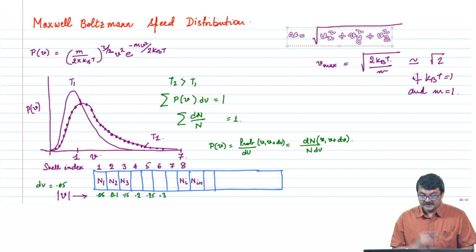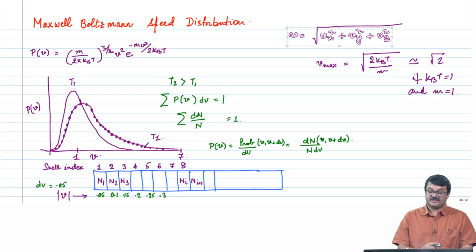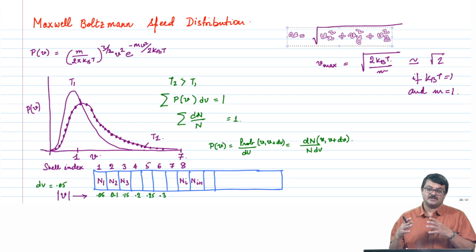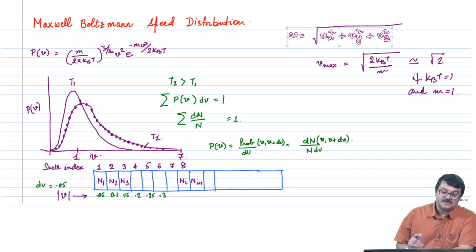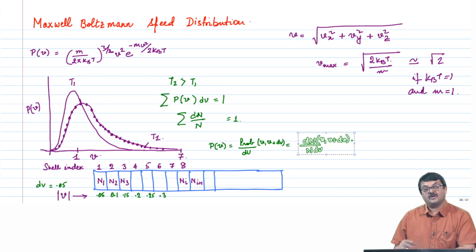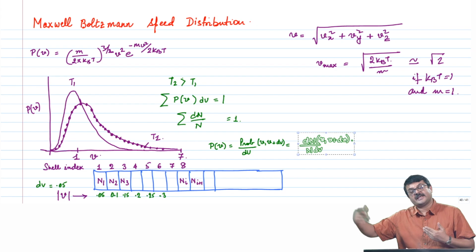And just as in the pair correlation function, you have to average over different times. So you allow the system to evolve as the particles move around, every 50 iterations or every 100 iterations, depending upon the value of dt. As soon as you have a different microstate of the system, you calculate for that microstate how many particles are moving with velocity between v and v plus dv, and this dn quantity you average over different microstates at different times.